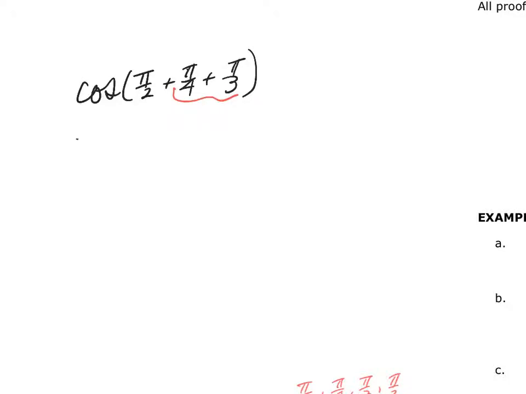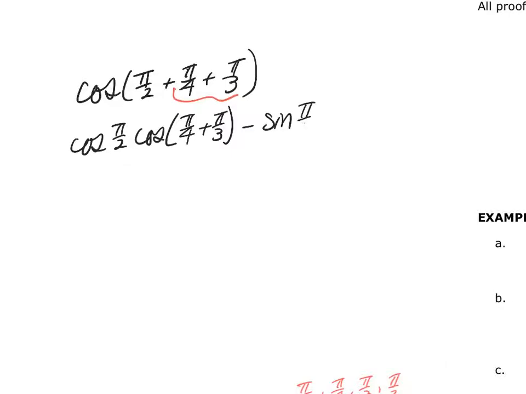And so what you would write is the cosine of pi over 2 times the cosine of pi over 4 plus pi over 3, and then minus the sine of pi over 2 times the sine of pi over 4 plus pi over 3. And then you'd have to do the sum and difference again. And that's why we try not to do that. You can do it, we just try not to do that. Does that answer your question? Yeah. Okay.